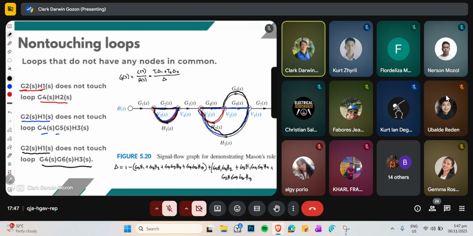Then we have no minus term, since there is no taken 3 at a time. So that is the delta.